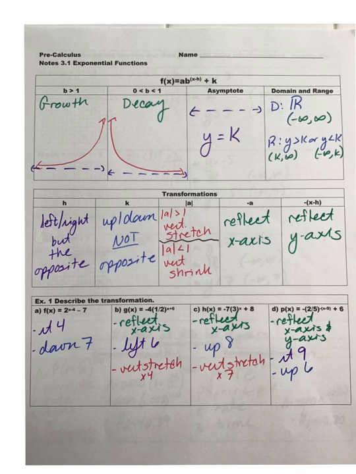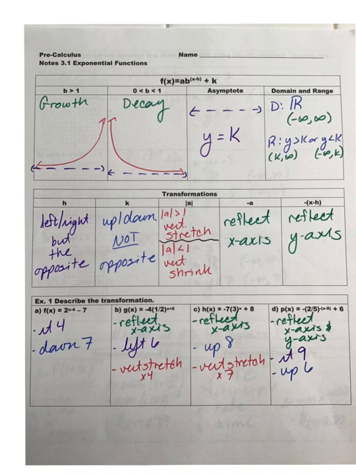So the domain is going to be all real numbers, or in interval notation from negative infinity to positive infinity. But the graph approaches the asymptote, but it never actually crosses it. So your graph will always either be above the asymptote or below the asymptote.